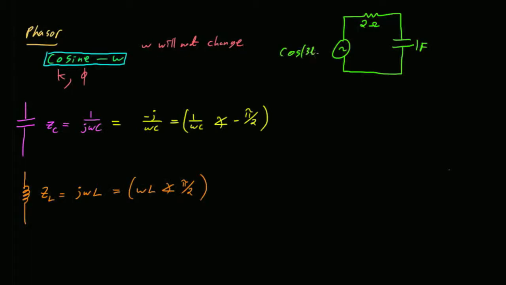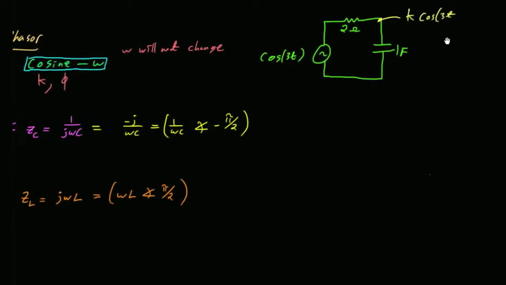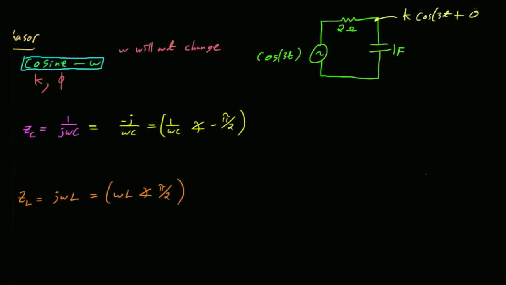All right. And if memory serves, we did the following calculation. We said if you're stimulating with cosine 3t, then the voltage here has to be some magnitude cosine 3t plus some phase. And all we had to do is figure out that magnitude and that phase. And to do that, we did it using phasor notation.